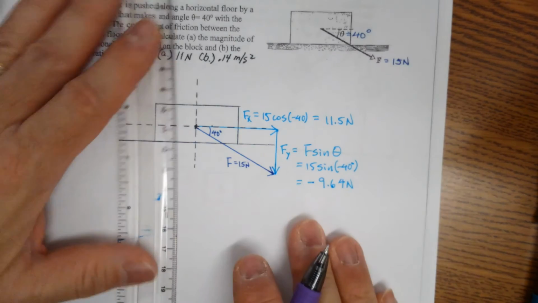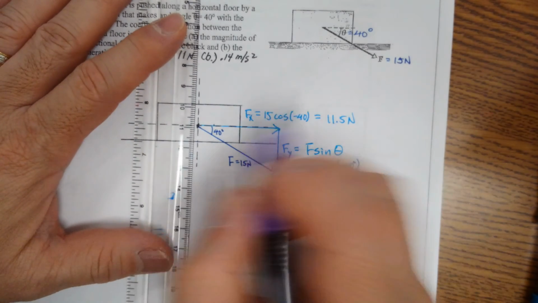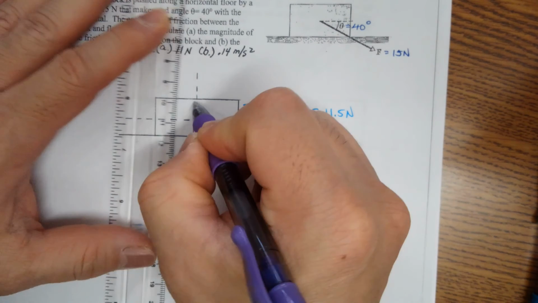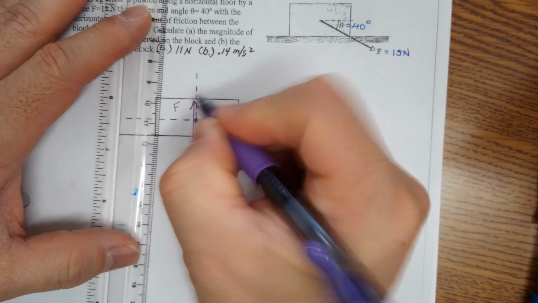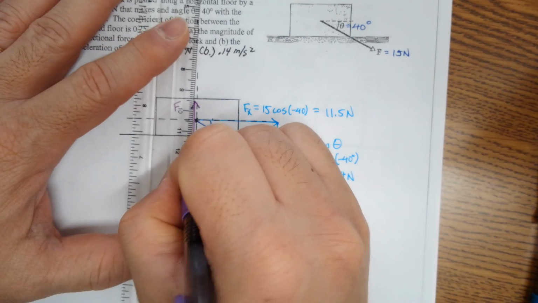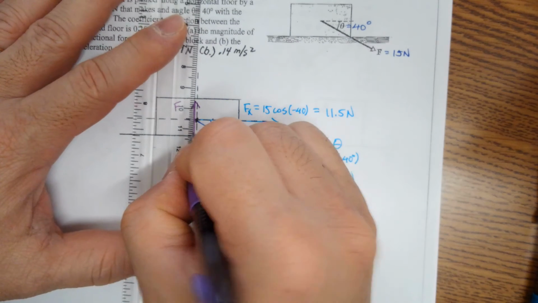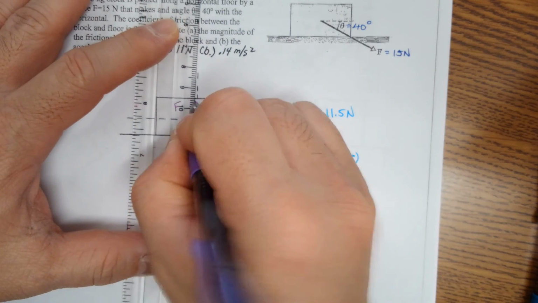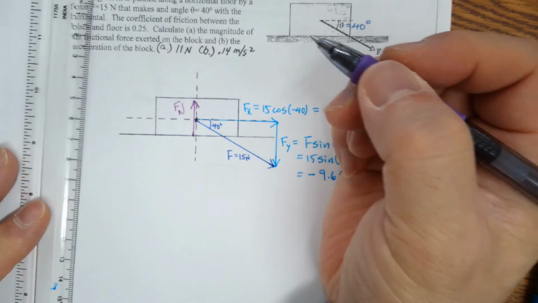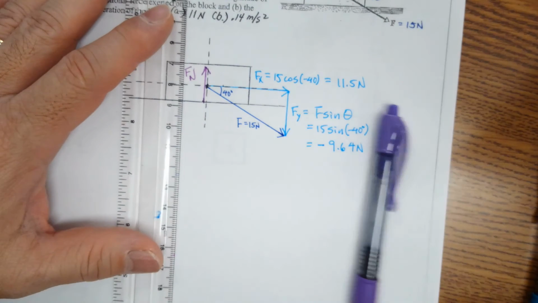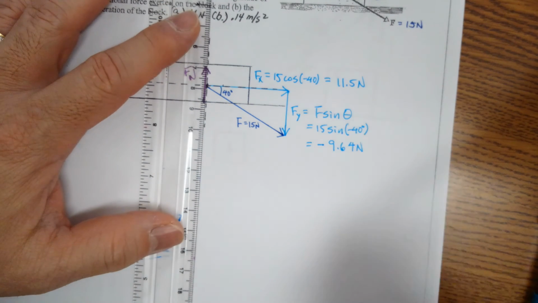Now we have to think about the normal force. So F normal, maybe I should make it bigger, but let's make it bigger. Too late. And then we have Fg, okay?